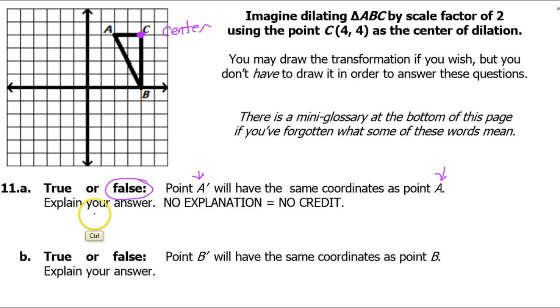So this is definitely going to be false, and you know, there are different things that you can write, but I'm just going to say that point A is not at the center of dilation. You know what? I think I can type on here. Let me try that. Will you let me type? Point A is not at the center of dilation.